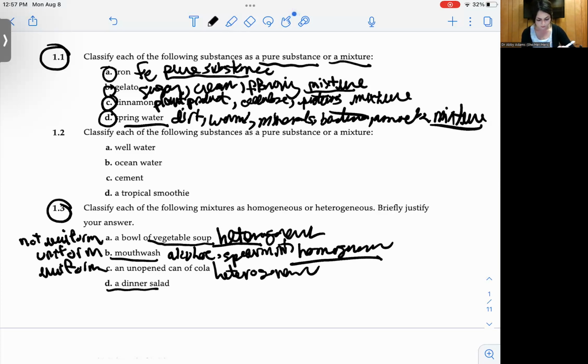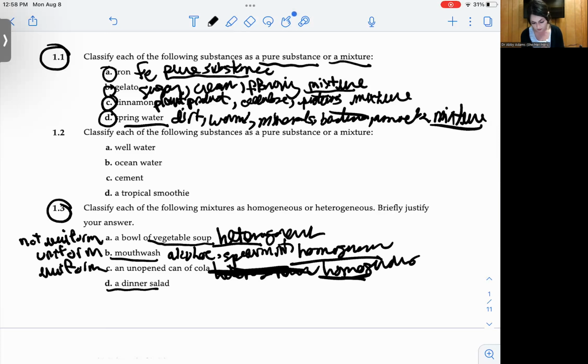A dinner salad, well, think about it. Can you see the banana peppers that you don't want in there? Yeah, you can, and you can take them out really, really easily because you can see them. You can just pick them out with your hands, in fact. And so, oh, I wrote this wrong for C, sorry. This is a homogeneous mixture. Whoops.